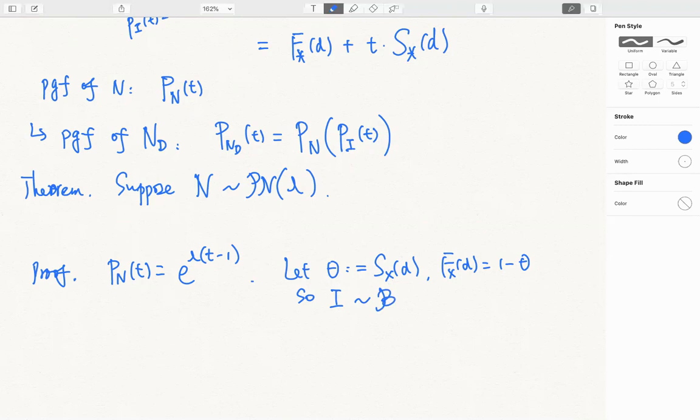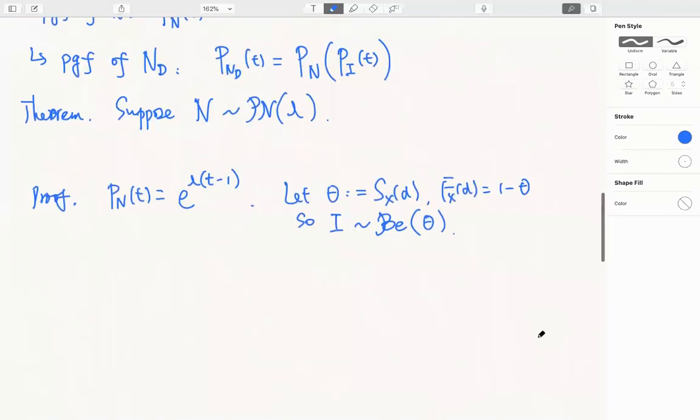I believe I use B to denote Bernoulli, or B(theta). Okay. So what do we have? Now let's do everything. By the way, with this, we know P_I(t) equals 1 minus theta plus t theta. And it's a function of t, not theta. Theta is a constant.